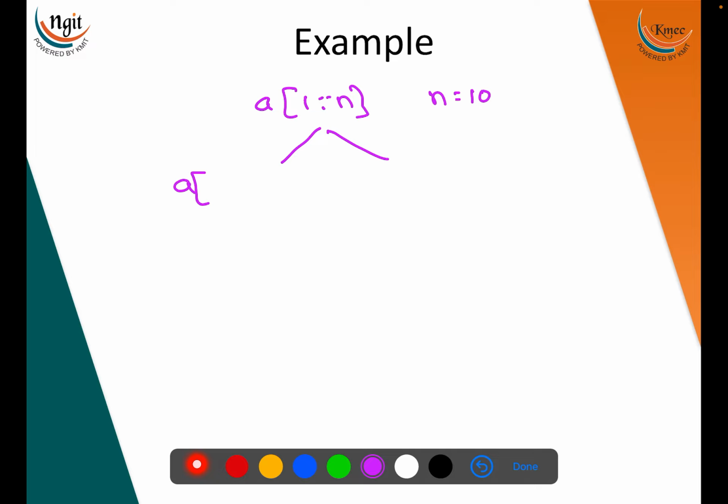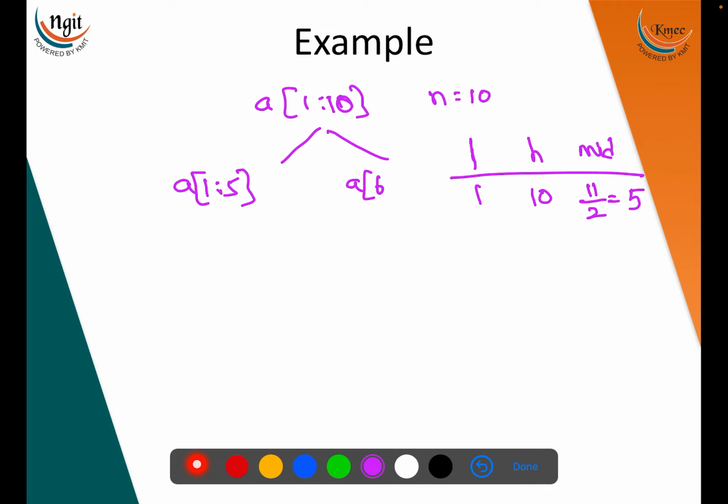On the basis of the mid value, that is, low value, high value, mid value. Low value is 1, high value is 10, 1 plus 10 by 2, that is 11 by 2, floor of the value, it is 5. So 1 to 5 is one subproblem, 6 to 10 is the other subproblem.